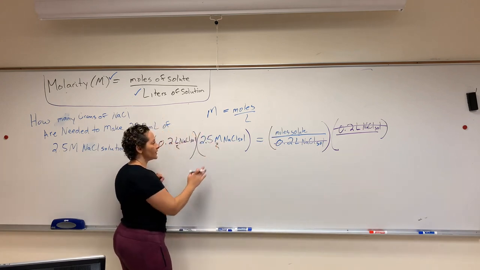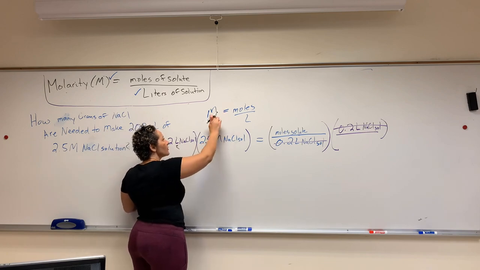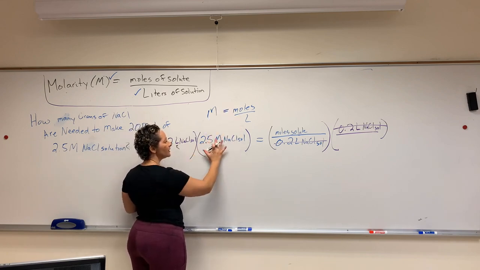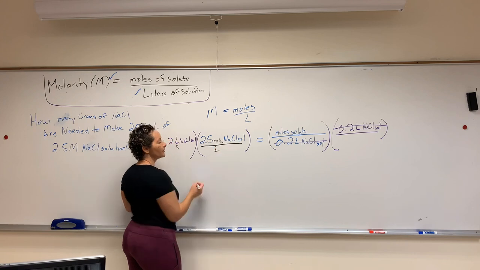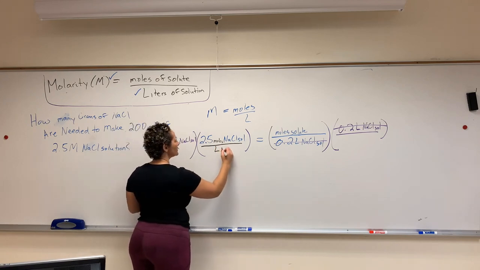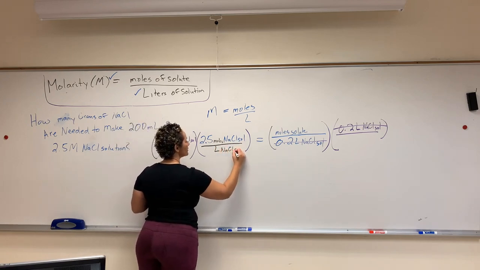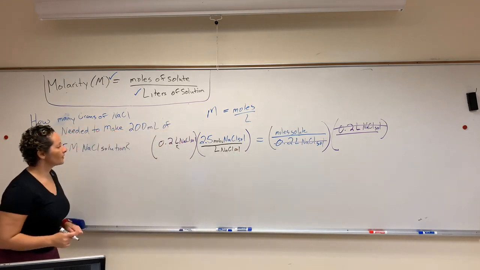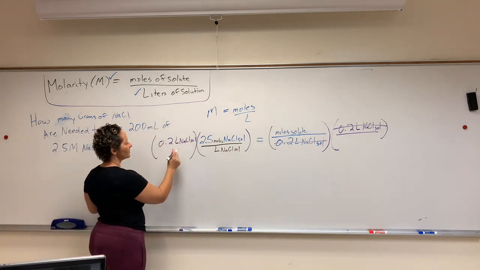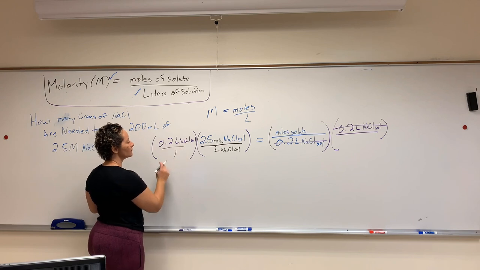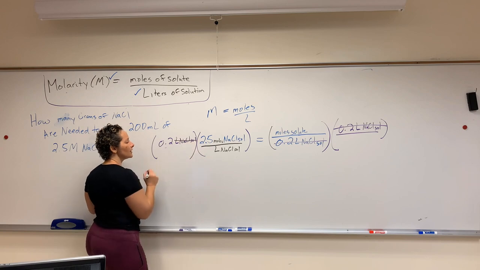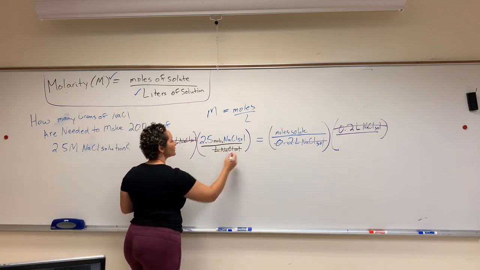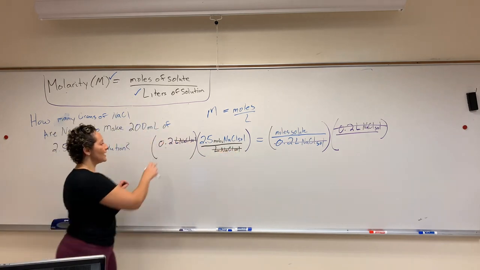Where this big M is moles per liter, I take out the big M and put in moles per liter. That's per liter sodium chloride solution. Now, remember, this is equivalent to being over 1, so that's redundant and I'm taking it away. Cancel liters sodium chloride solution. Cancel liters sodium chloride solution. Can't cancel the numbers.